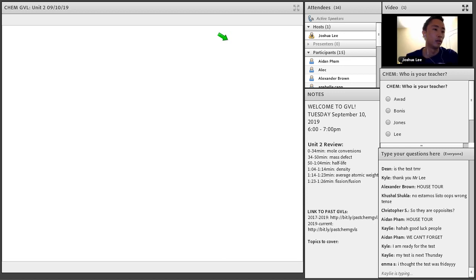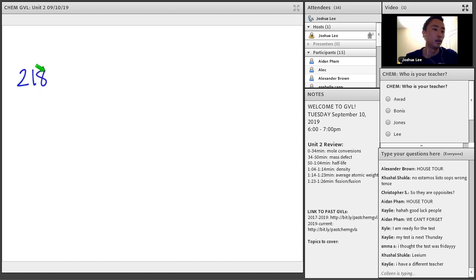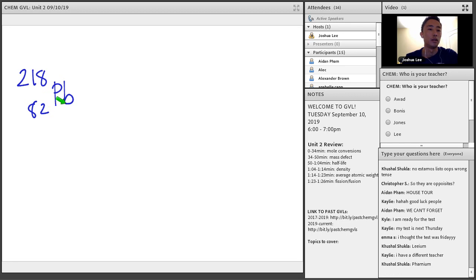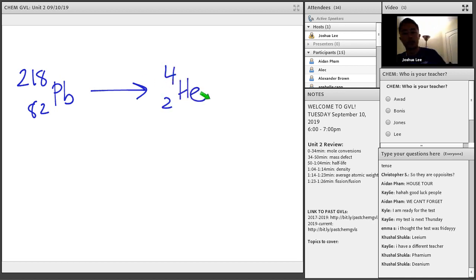There's 218, alpha decay. So you might get something like this, where an unstable lead atom is going to break apart. It's going to go through alpha decay because you're getting rid of a helium.